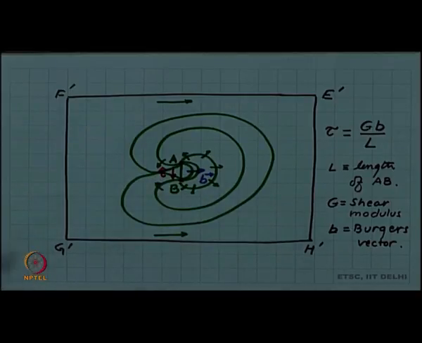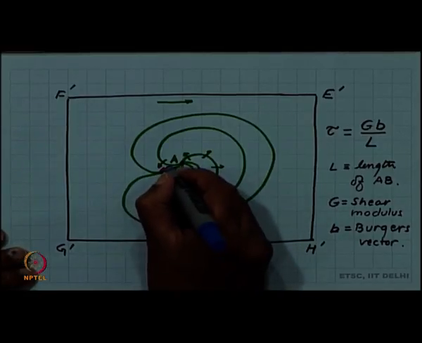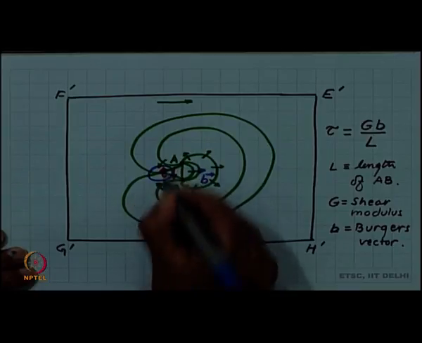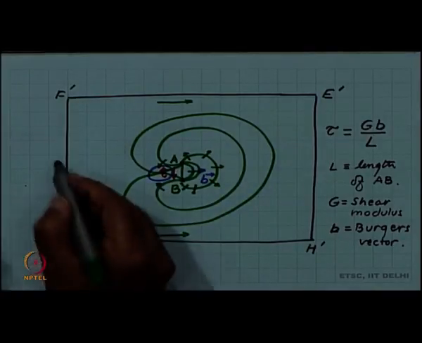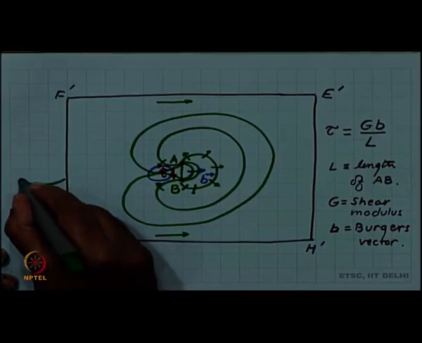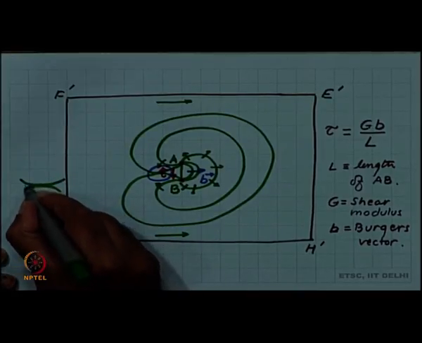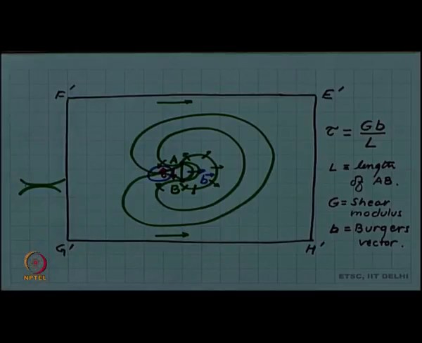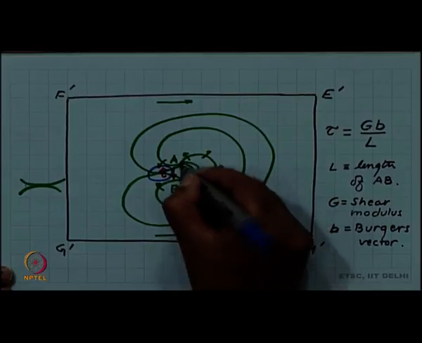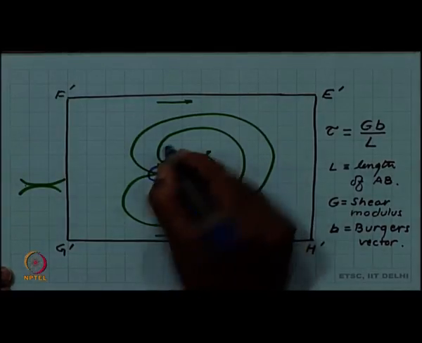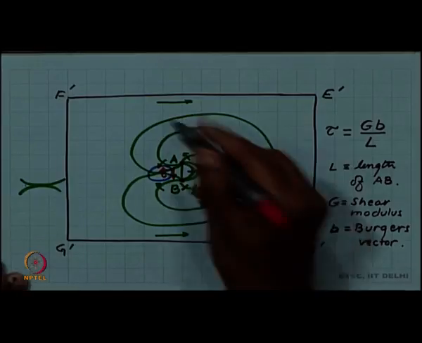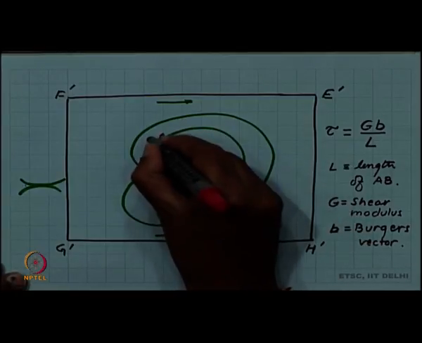Let us look at the nature of this interaction. So, let us blow up this segment. So, we have a dislocation line like this and a dislocation line like this. Since the T vector was going from A to B, it will always start from A and go to B and follow like a current.